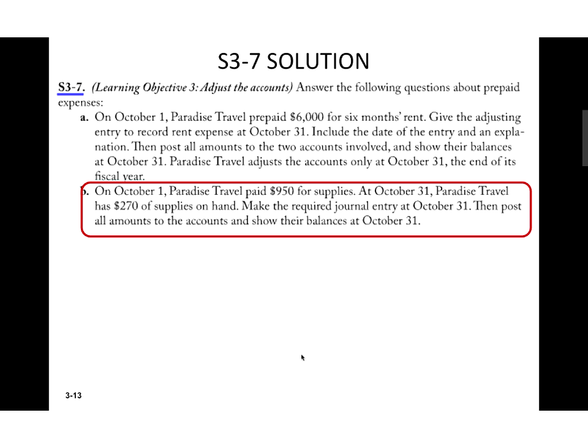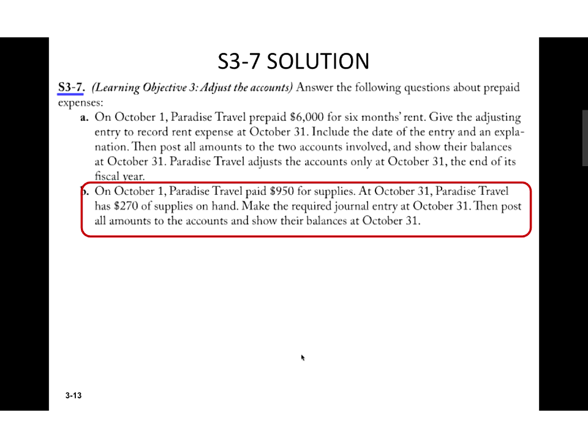Now during the month, we use it. We do not record it every time you use a pen or something, and that's because that would be very, very expensive. It would be very time consuming to record every use of these little things. So what we do instead is we say, okay, we know there was $950 of supplies when we started the month. So at the end of the month, someone goes into the supply closet or wherever we keep the supplies and counts everything in there and comes up with, in this case, $270 of supplies left.